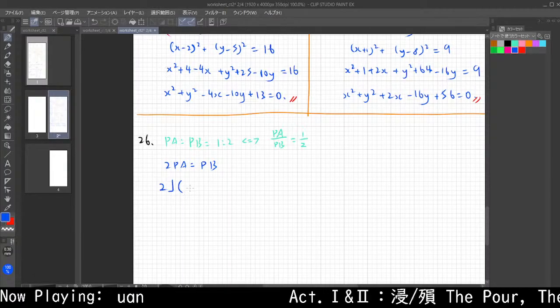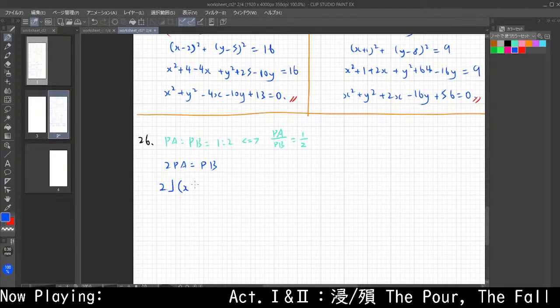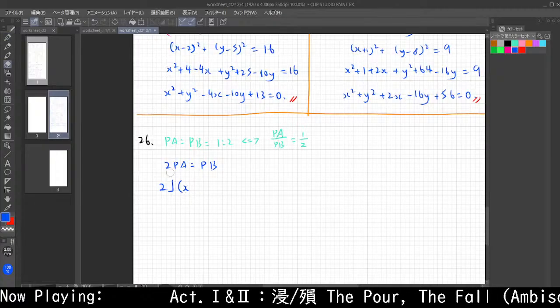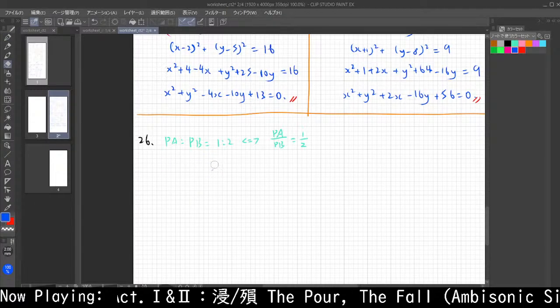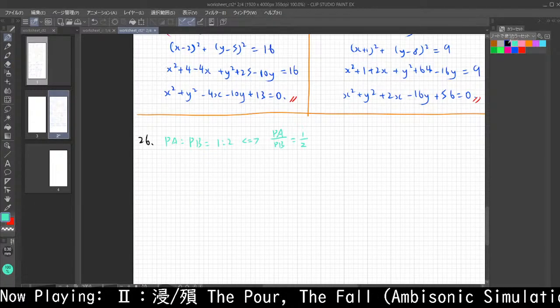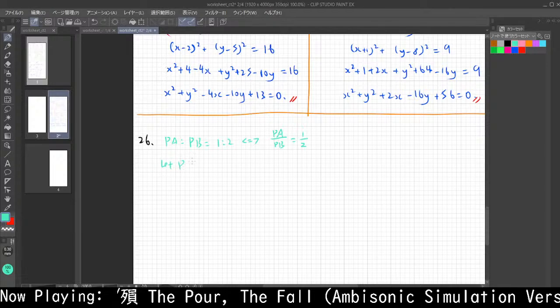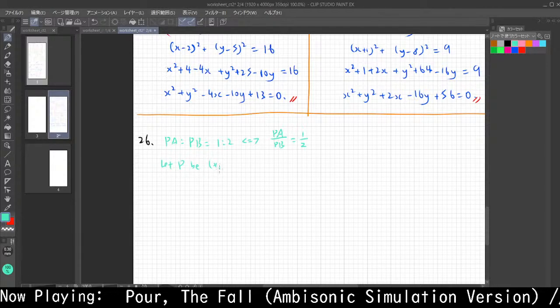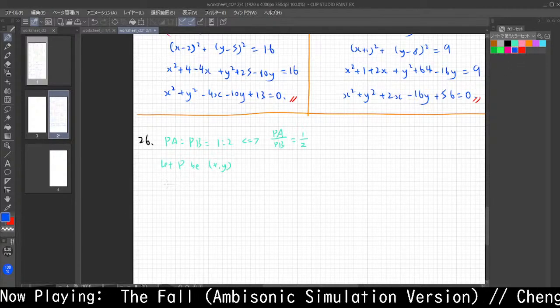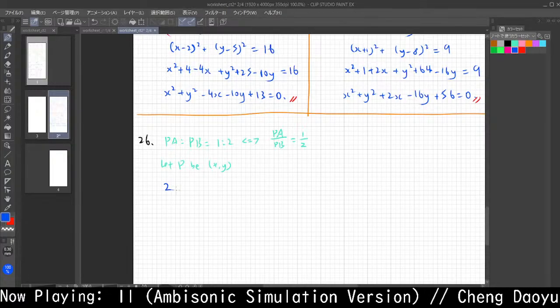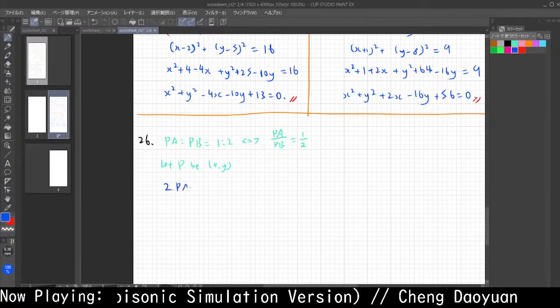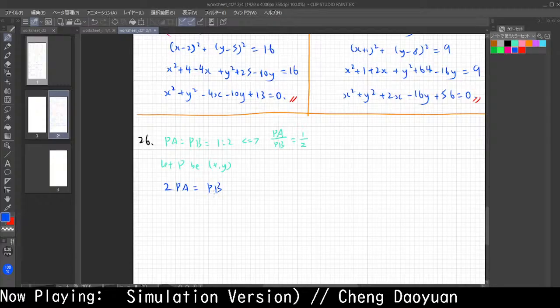PA is the distance from P to A, so let P be (x, y). You cross multiply, you get 2PA equals PB.